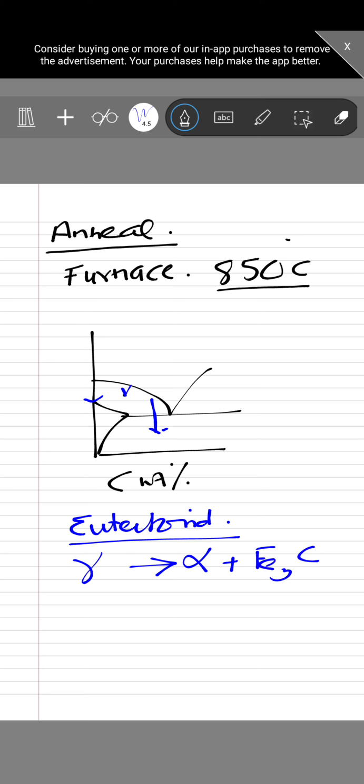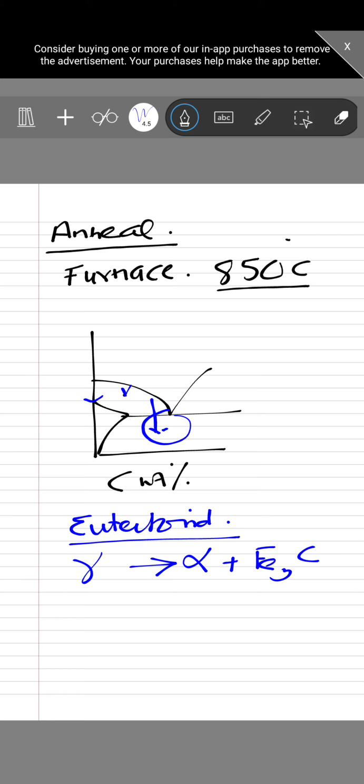Now in this region, a stable structure of cementite and ferrite is formed, and that is called pearlite.